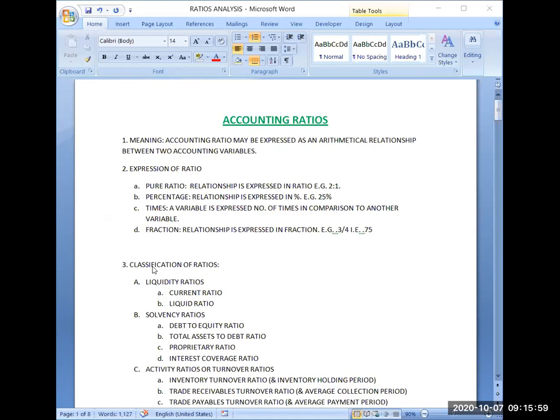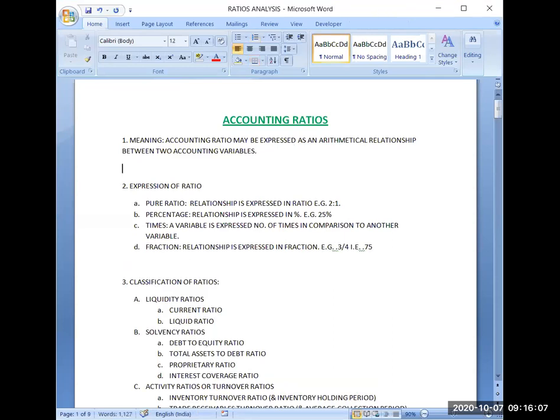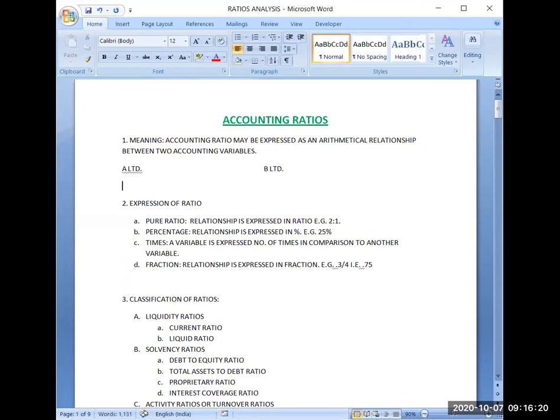Now suppose there are two companies. I will give you an example so that you will be able to understand it better. One is A Limited and another company is B Limited.